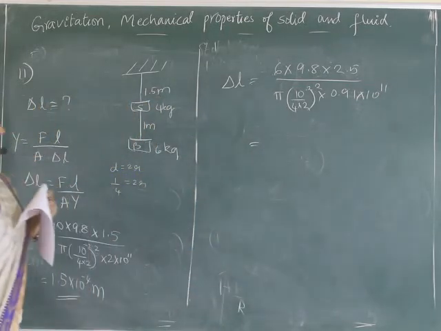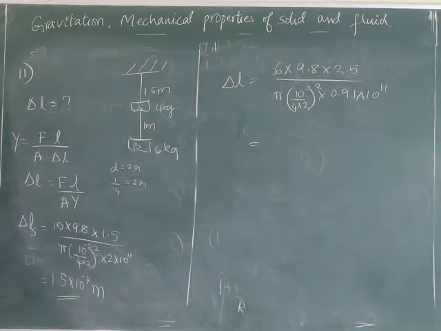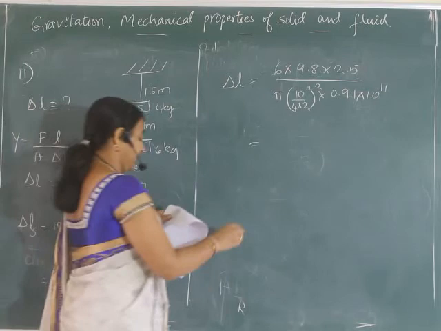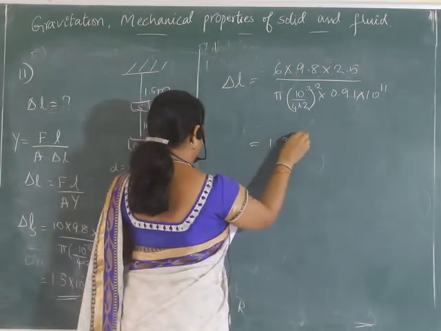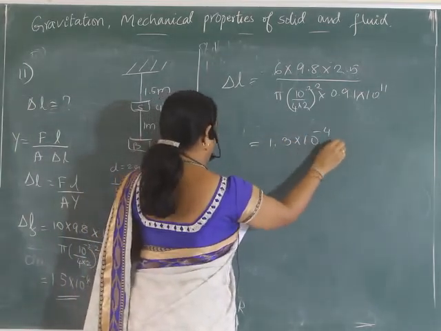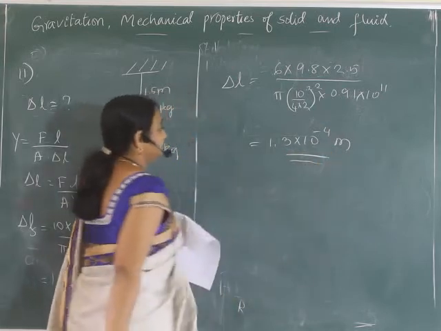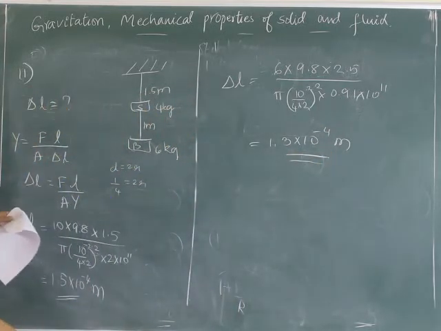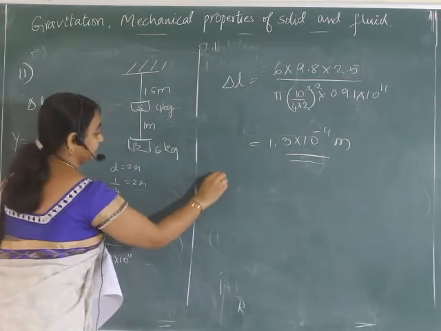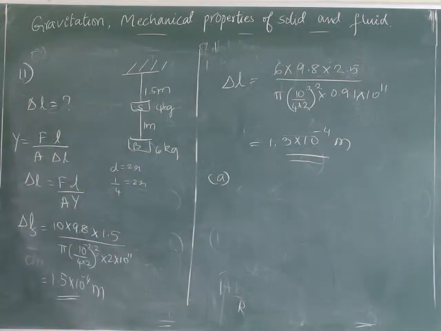While solving this, what answer do we get? 1.3 into 10 to the power minus 4 meter. Option A. Try to solve this. We will get 1.3 into 10 to the power minus 4 meter.